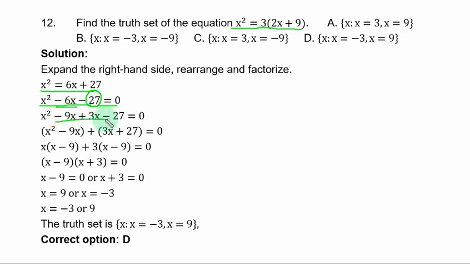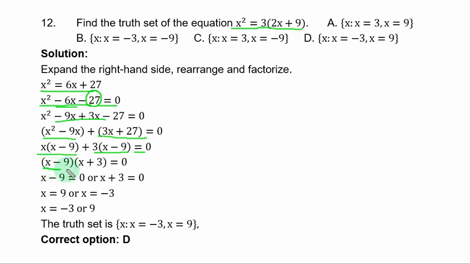The purpose is to get 4 terms which you factorize by grouping. So the first 2 terms are the first group, the last 2 terms the second group. You equate everything to 0. From the first group, s is common. You factor out s, you get this result. From the second group, 3 is common. Factor out 3, you get this result. You equate it to 0. Clearly, s minus 9 is common.